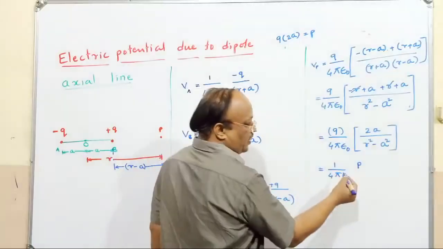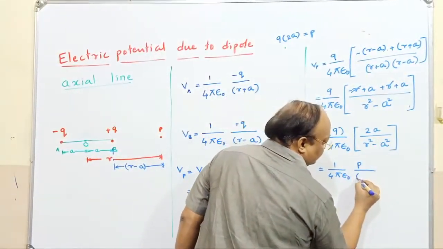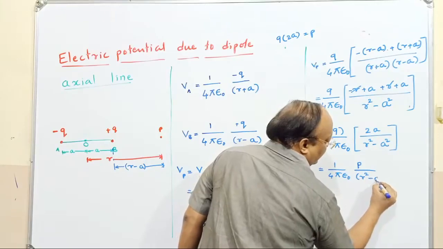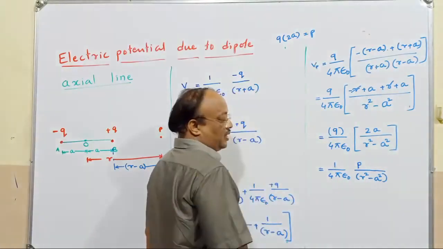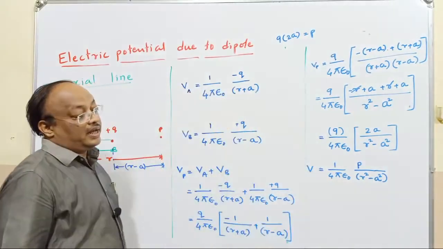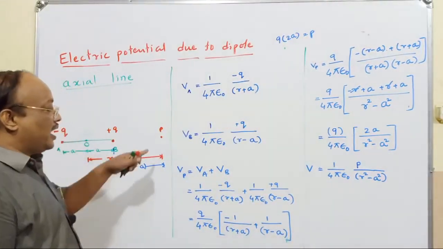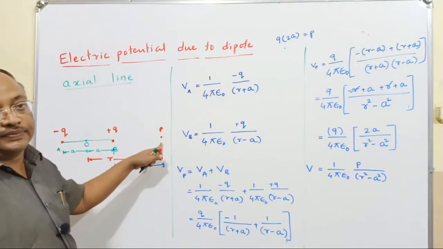So 1 by 4 pi epsilon naught P by R square minus A square. This is our expression for the electric potential at a point on the axial line.